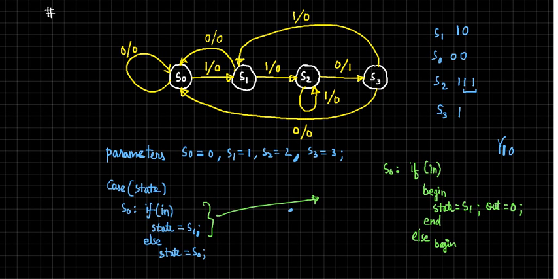State will be S0. What is the output? 0. Now you write, and after this you should write end case and so on. You got this syntax? Everyone got this syntax? Sure? Let's go for the coding.